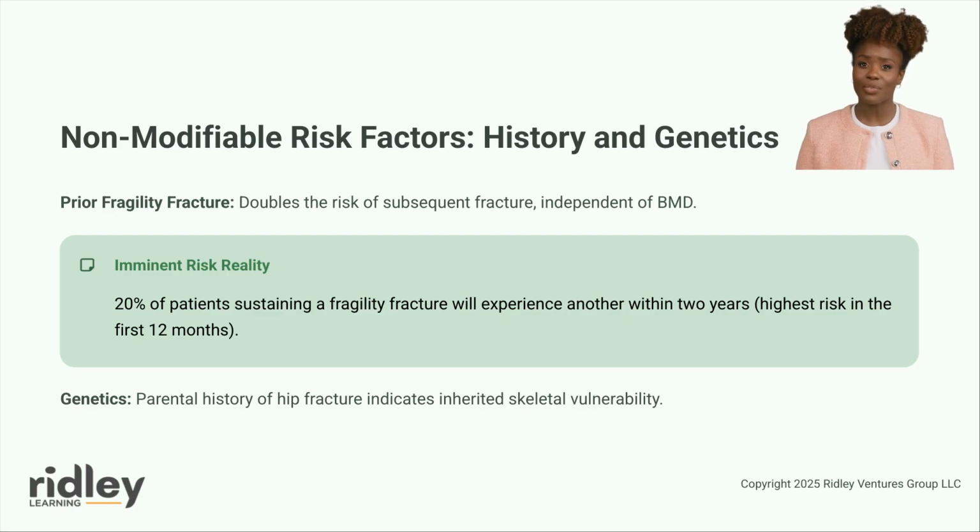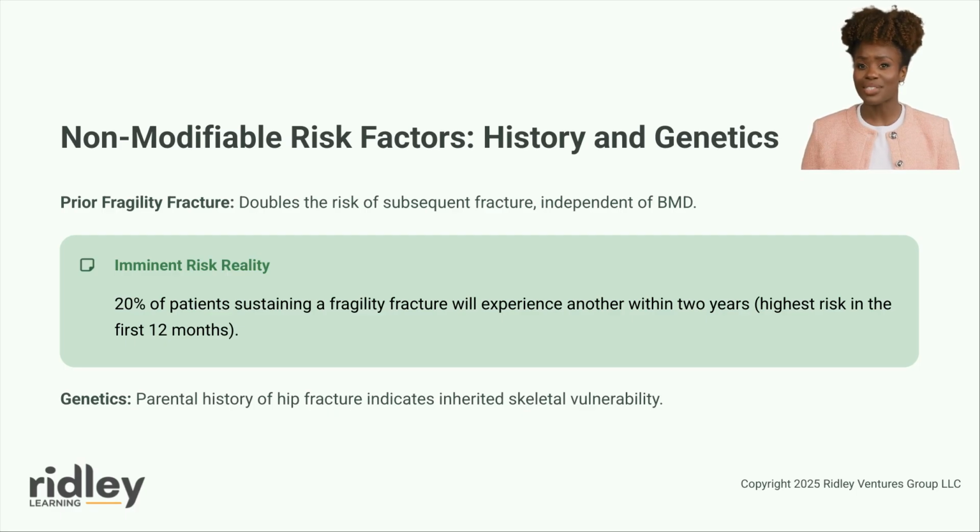Parental history of hip fracture, particularly maternal hip fracture, represents a well-established genetic risk factor that contributes to fracture probability independent of measured BMD. This familial aggregation reflects the substantial heritability of bone mass and skeletal geometry.